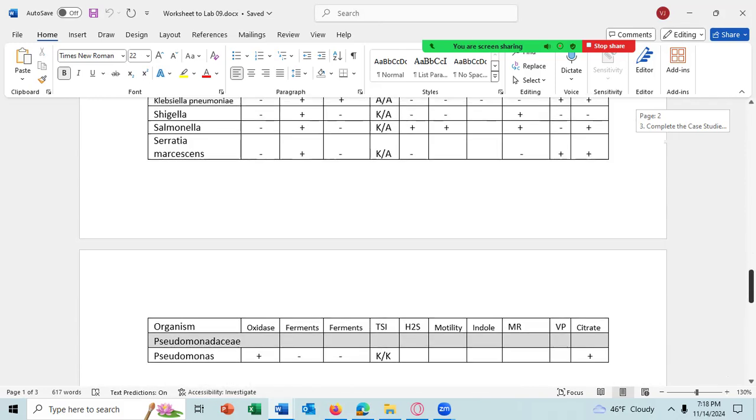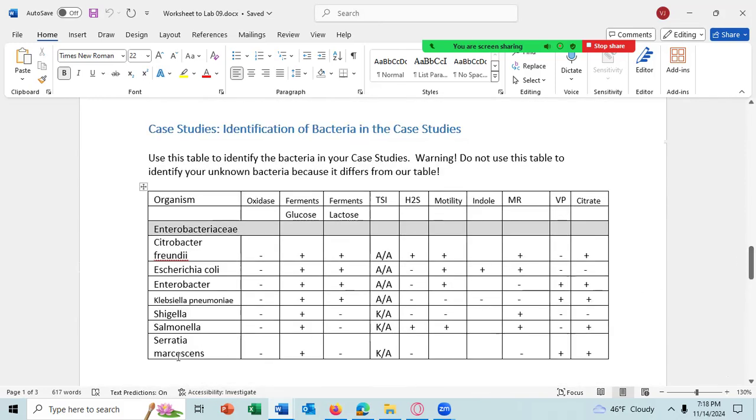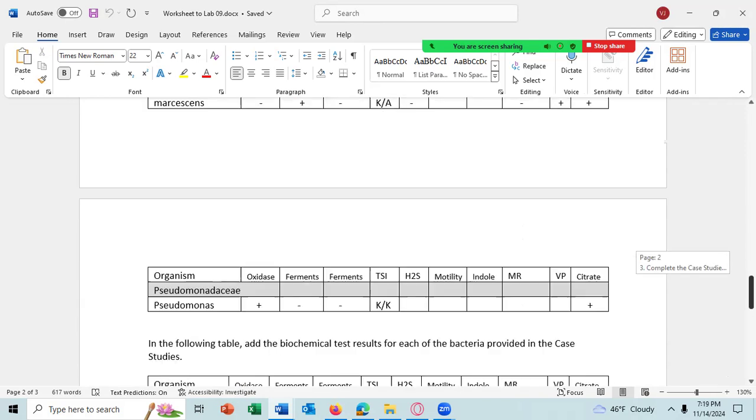Use this key for this lab exercise only, meaning lab module 9, to identify your bacteria, Enterobacteriaceae. Sorry, this tube key was split. And then Pseudomonas here.